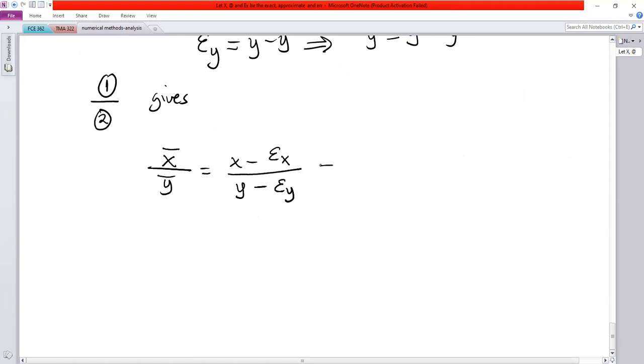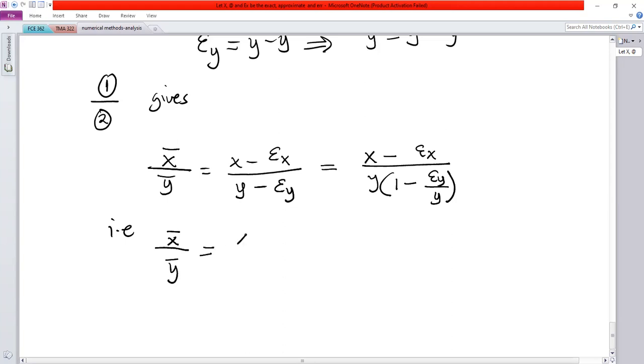Then this can be written as x minus error in x divided by y times 1 minus error in y over y. There's nothing I've changed. The denominator is still the same. Now, we can say the approximate value of x over the approximate value of y is x minus error in x over y times 1 over 1 minus error in y over y.